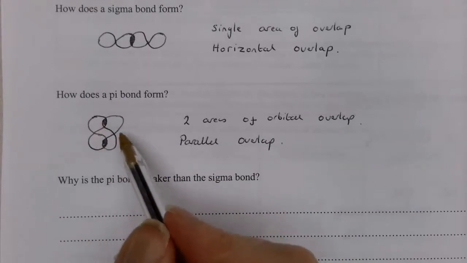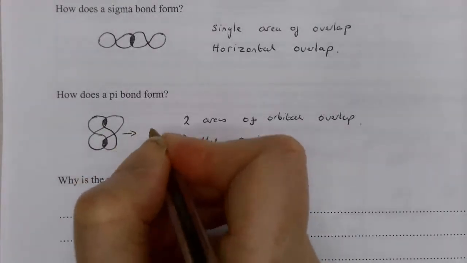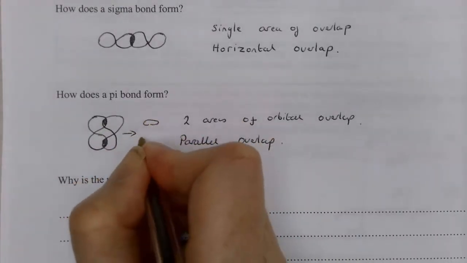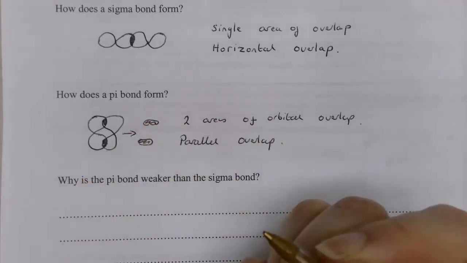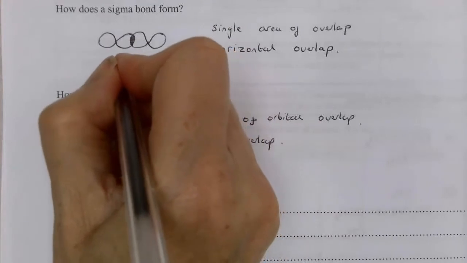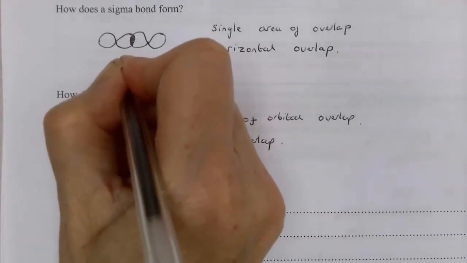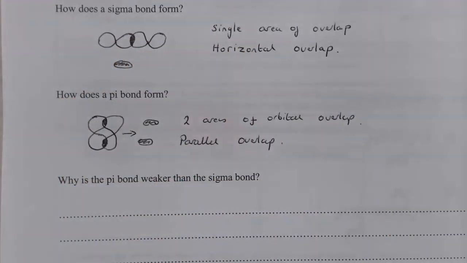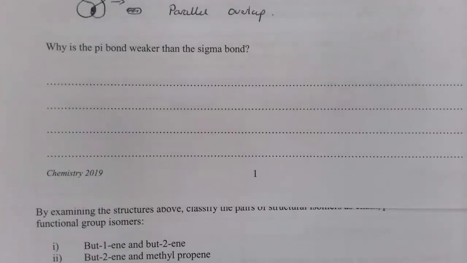So this develops into these two areas above and below the plane of the molecule, whereas this one just converts into a single area between the two nuclei. And this helps us to explain why the pi bond is weaker than the sigma bond, and hence why the pi bond breaks in the reaction but not the sigma bond.